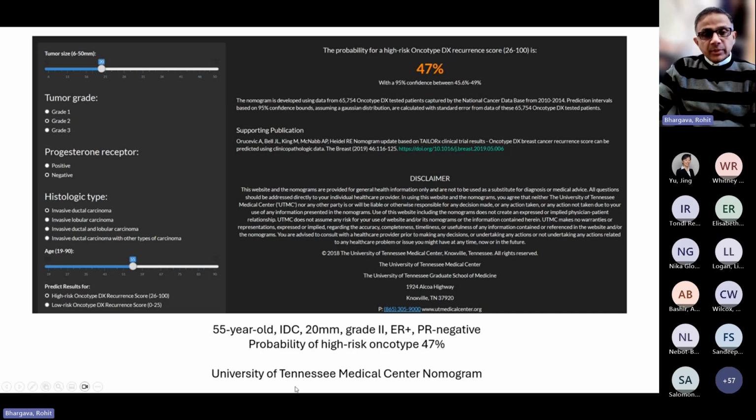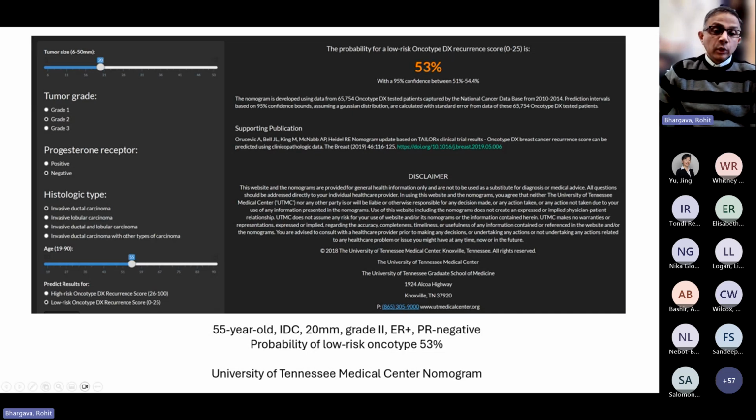Putting these parameters in there, it shows a probability of high risk Oncotype of 47% and a probability of low risk Oncotype of 53%. So when you have to decide between 47 and 53%, it can be a very hard clinical decision.